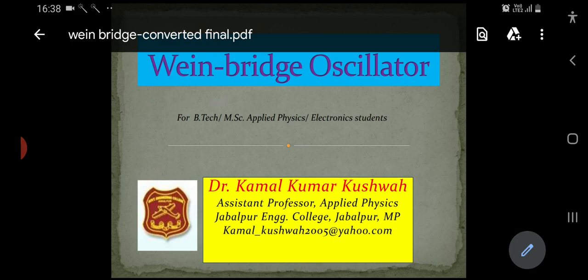Today the topic is Wien bridge oscillator. In the previous class, I taught you RC phase shift oscillator, and the biggest problem, or we can say the drawback, with RC phase shift oscillator is that the oscillator is not suited for variable frequency circuits.